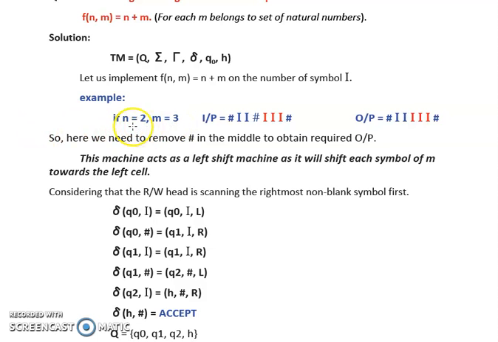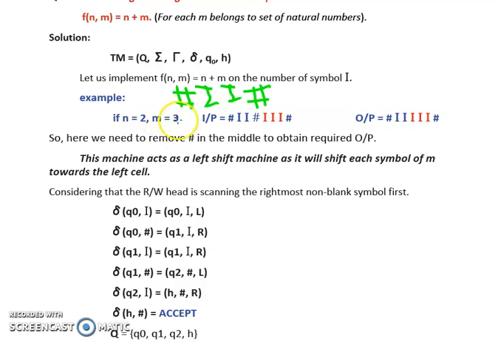So if n is equal to 2, that means in the input we are providing 2 I's. If we write 2 I's as the input for n equal to 2, the starting of the string is represented using a blank symbol hash, and the ending of the string is also represented using a blank symbol hash.